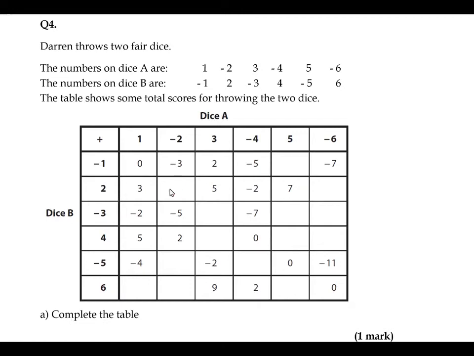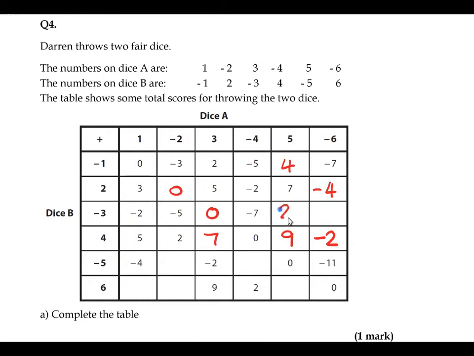So 2 minus 2 is 0, 3 minus 3 is 0, 4 minus 4 is 0, 4 plus 3 is 7, 4 plus 5 is 9, 4 take away 6 is -2. -1 plus 5 is 4. 2 take away 6 is minus 4.